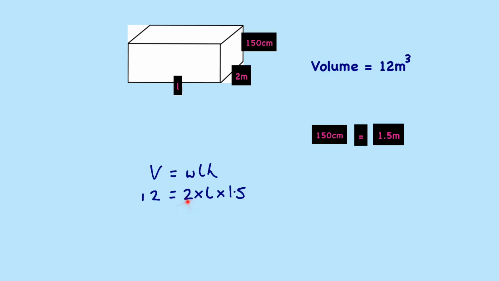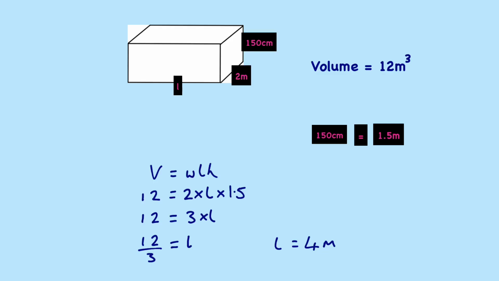So I'm going to multiply the 2 by 1.5, because with multiplication I can do the multiplication in any order, so I'll do the 2 times the 1.5 first. So that will give me 3 times the L, and then I will divide the 12 by 3 to find my length. So 12 divided by 3 is 4, and the dimensions are metres.